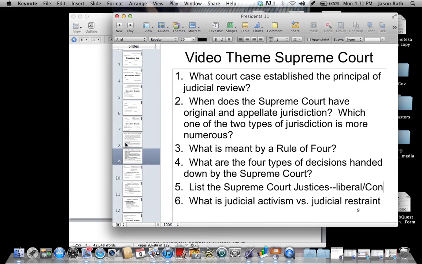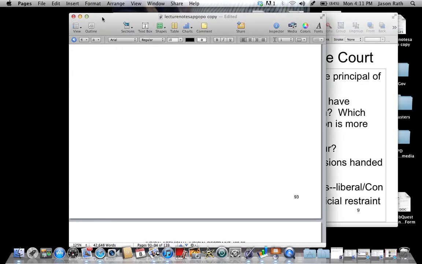Now let's take a look at judicial activism and restraint. I'm going to write down 7. Who is the CJ of the Supreme Court of the United States, of the SCOTUS? Who is that? We just talked about it.